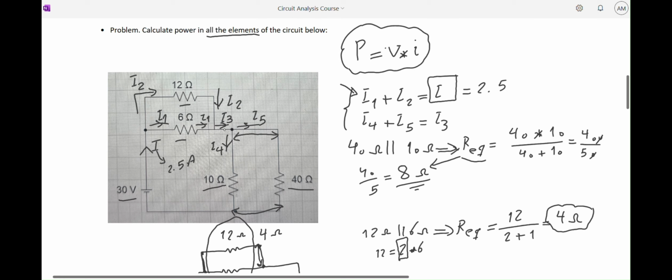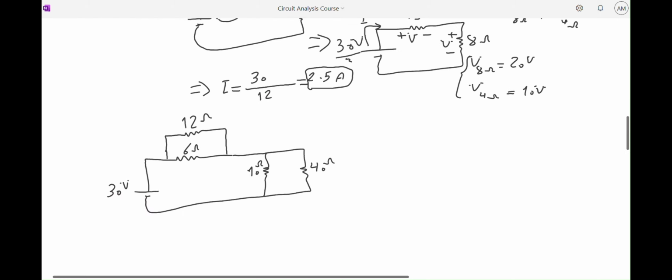And this current is the same as I3 because they're in the same loop, in the same branch. And I3 is I4 plus I5. And I know that I3 is the same as I1, which is 2.5 amp. Now let's break it into pieces to figure it out.